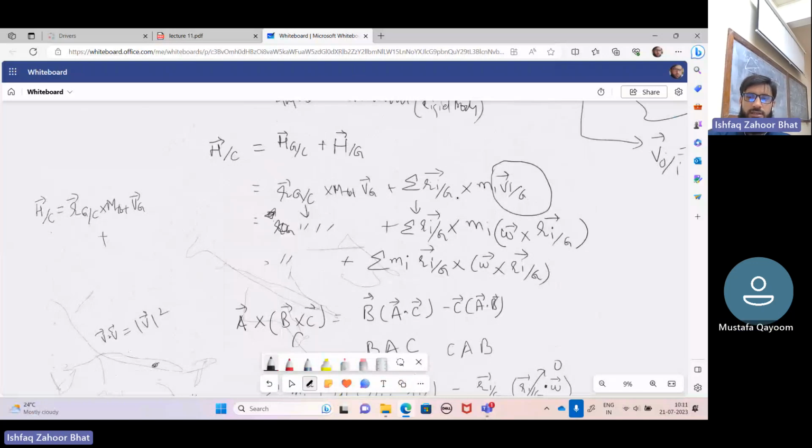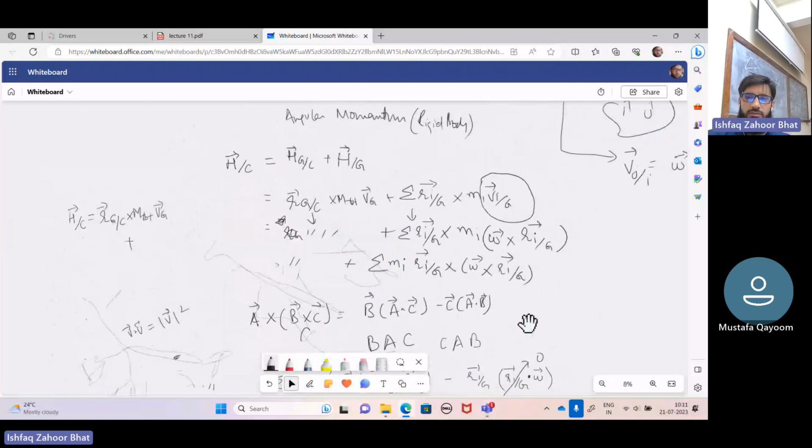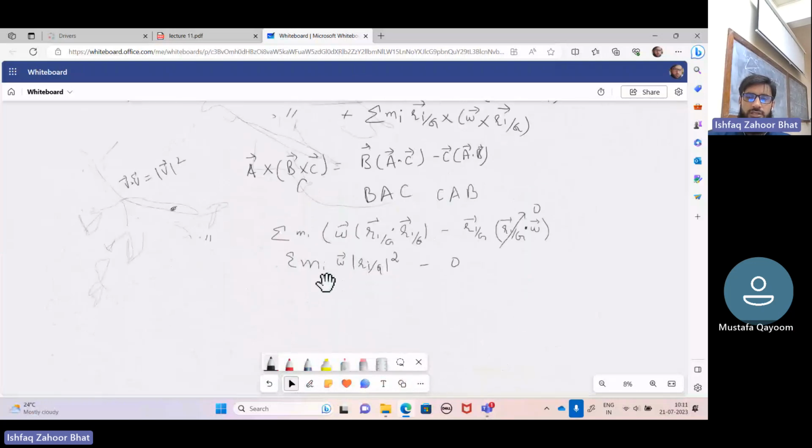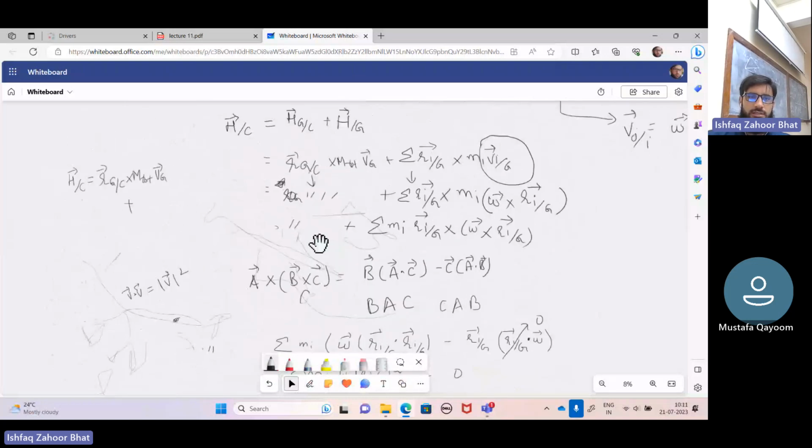So this is the first term, and from the second term we get the summation of mi omega R i G square.